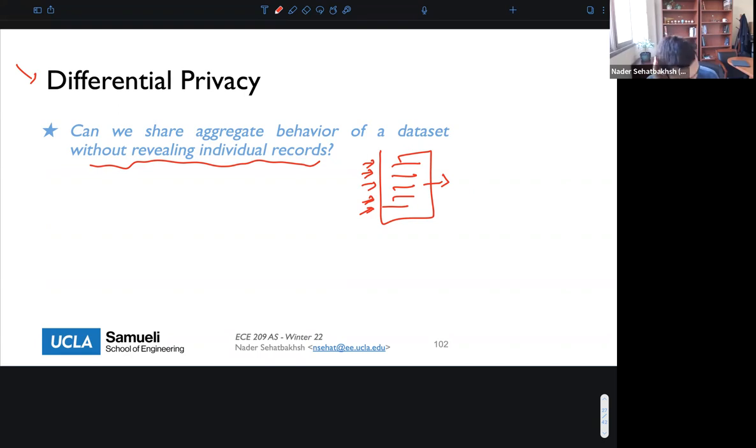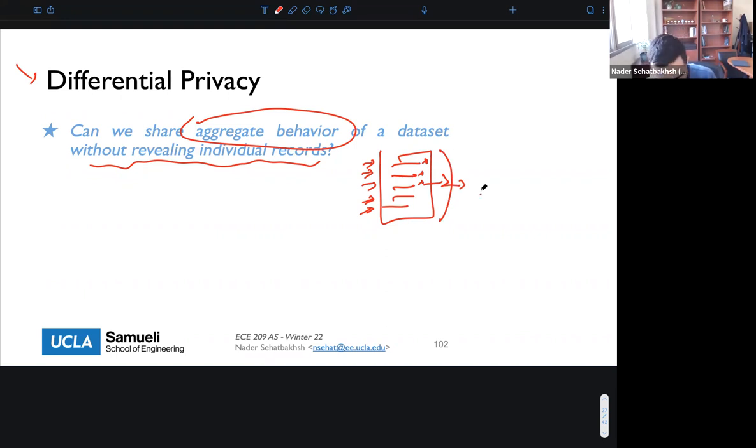But the idea of differential privacy is basically saying that we want to evaluate some aggregate behavior of the data set. So remember, we're not looking at individual records, but at the aggregate behavior of this data set.